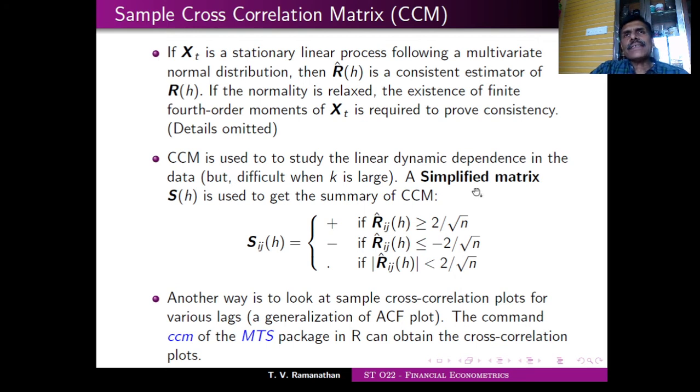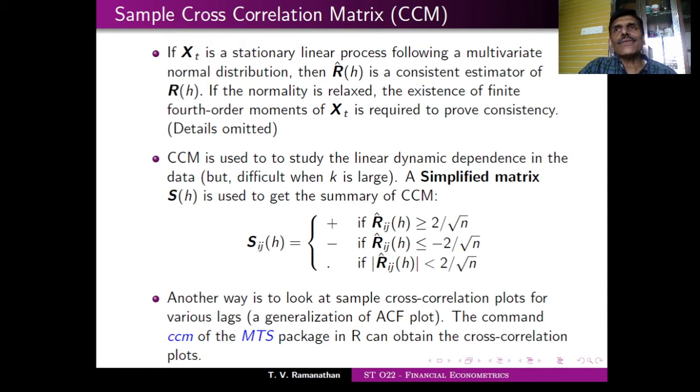Now, in the case of univariate, we have seen that the autocorrelation function helps us to study the strength of the correlations as lag changes. So now here, because there are several components, how can this be done?